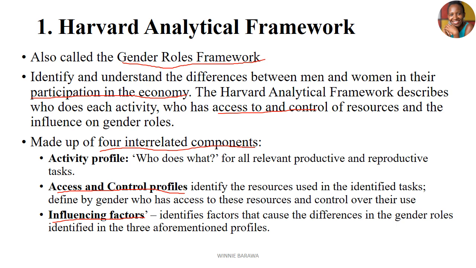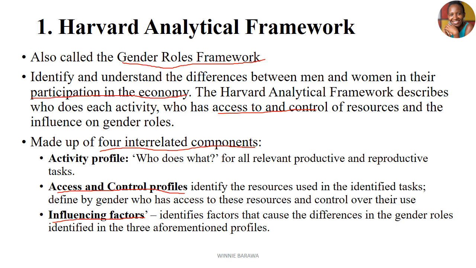And then we look at the influencing factor, which is the fourth component here. With the influencing factor, the key area is to identify factors that cause the differences in the gender roles, which are being identified in the aforementioned profile. So here we are looking at factors that affect the activity, factors that affect the access, and factors that affect the control.